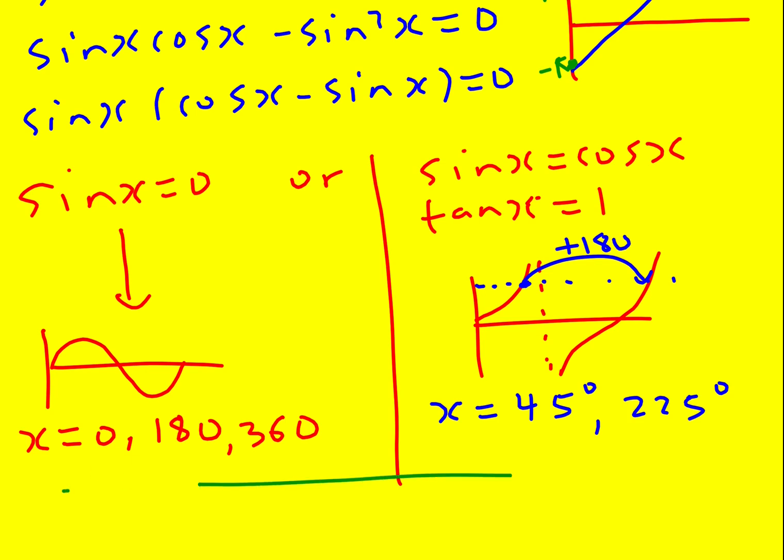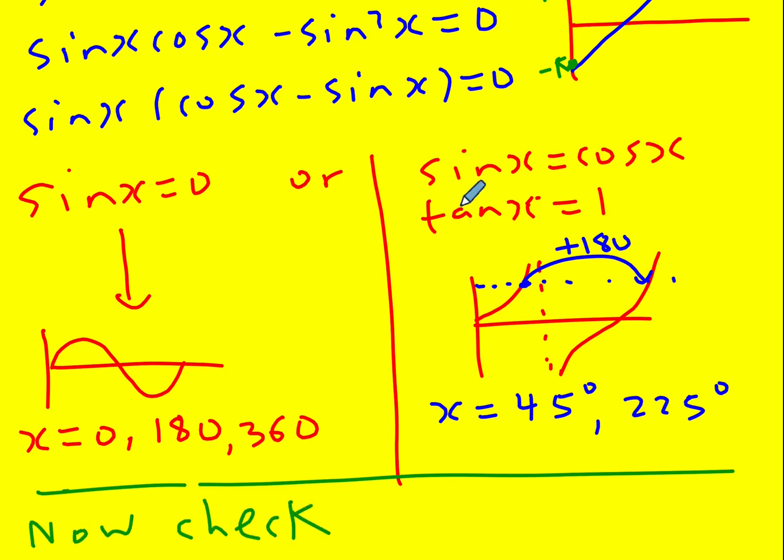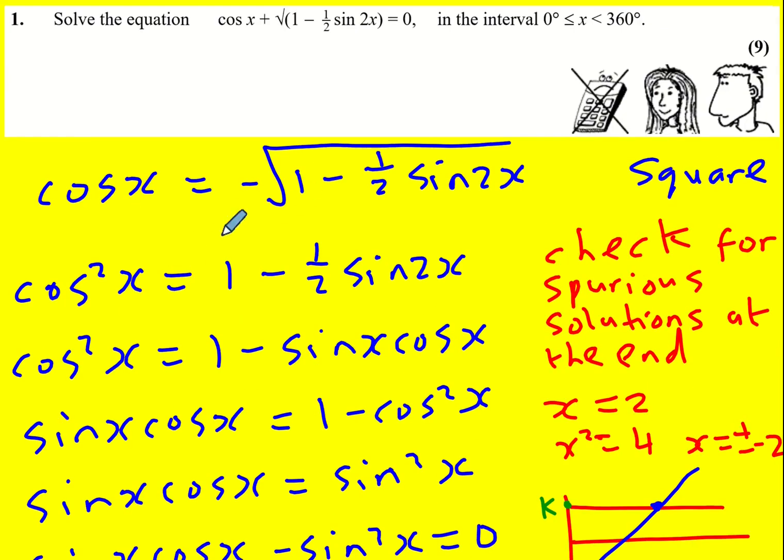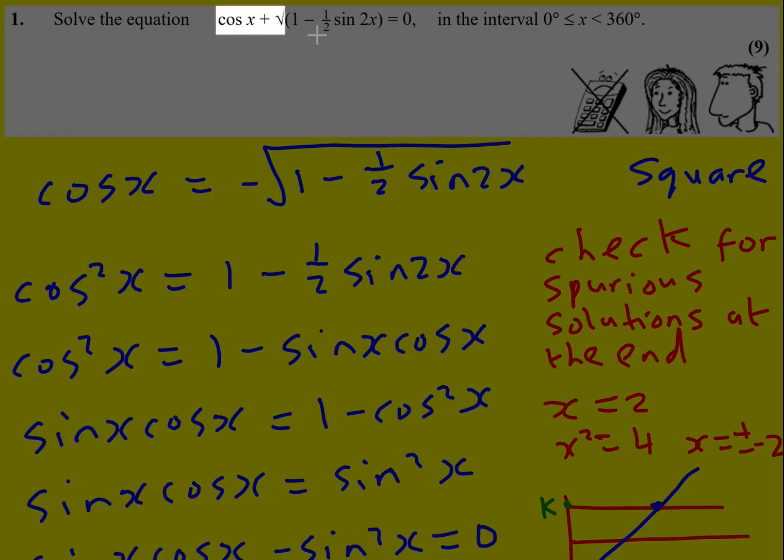Right, are we done? No, not quite. Now we need to check. Even though these are solutions that solve the equation when we squared it, we need to check that each is a solution to the original. So let's check it out and see.